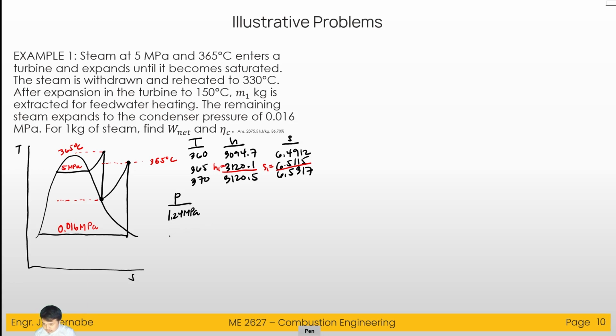And the given Sg values are 6.5119 and 6.5063. So for 6.5115, we can find the intermediate pressure.